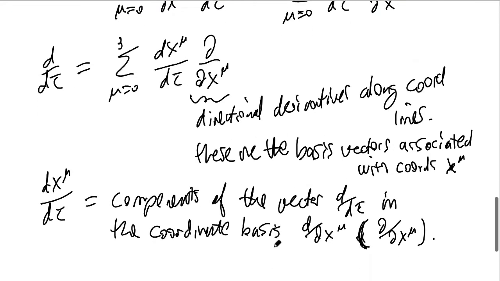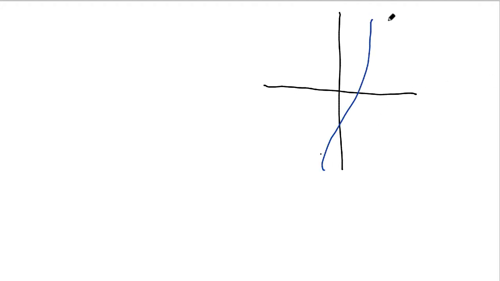Let me summarize what we've found. We have a world line, and that world line is parameterized by proper time. That's the time read on a clock that's carried along the world line.